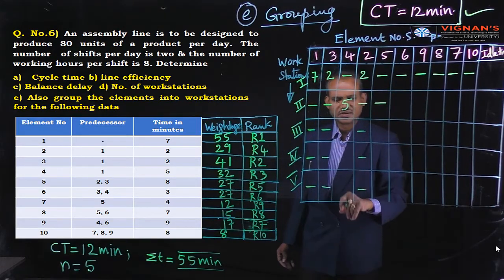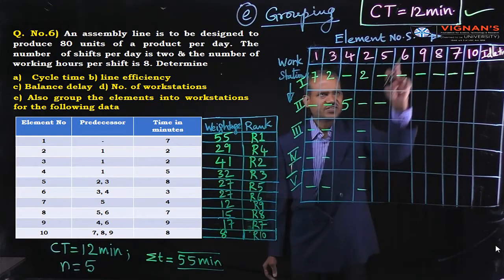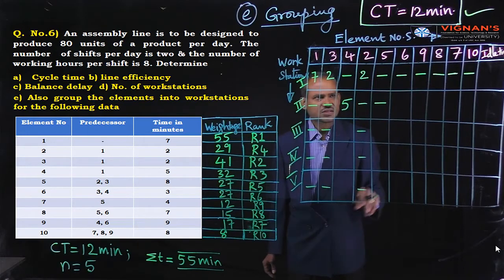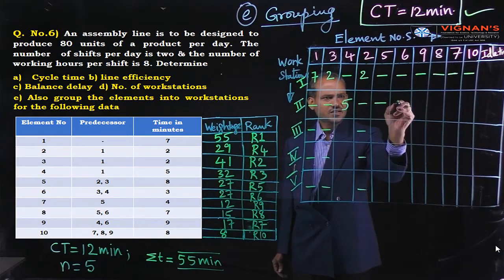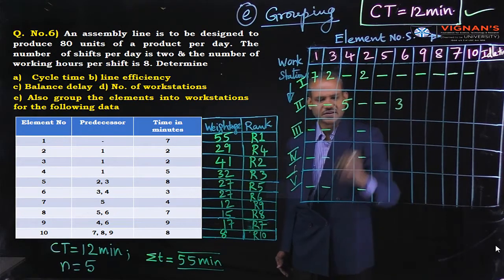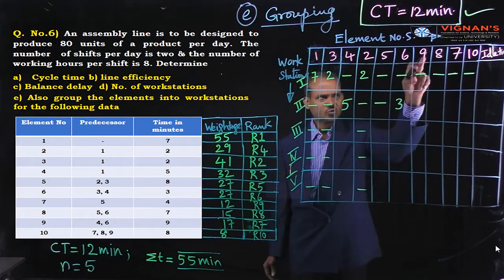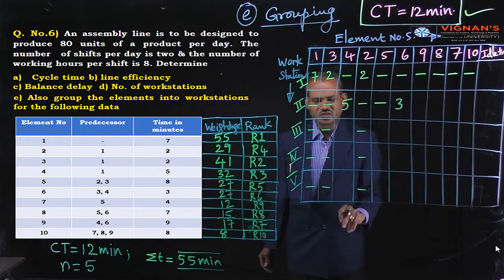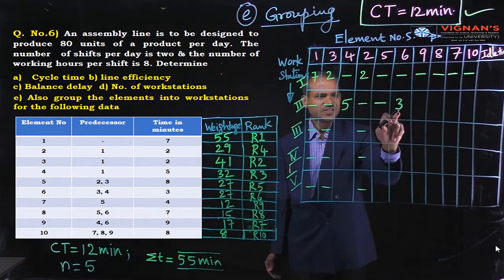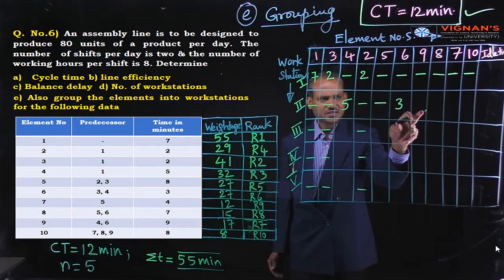Next, move to the element number 6. What is the timing? 3. 5 plus 3, 8. Which is less than 12 minutes. Therefore, assign. Write 3. Next, move to the work element number 9. It's a 9. 5 plus 3, 8. 8 plus 9, 17.